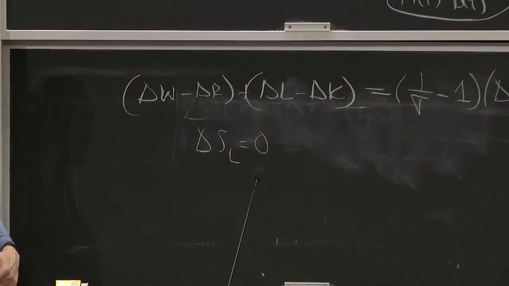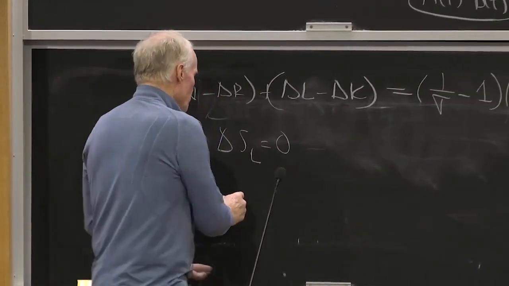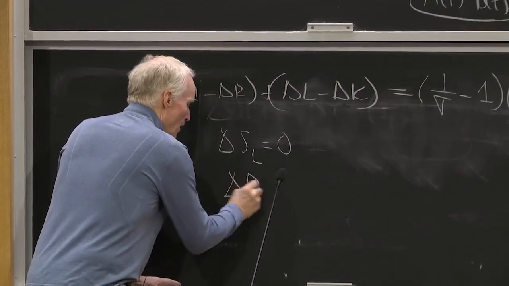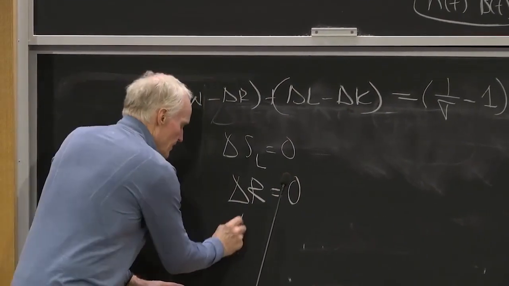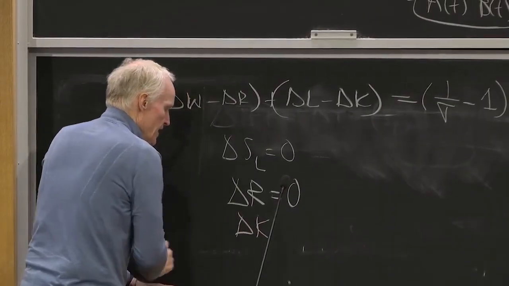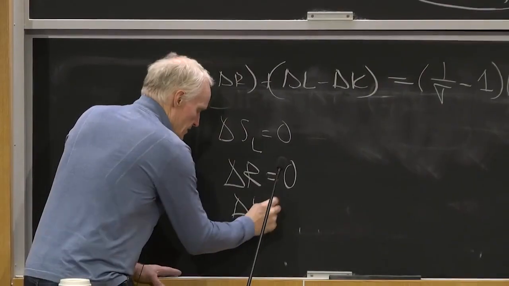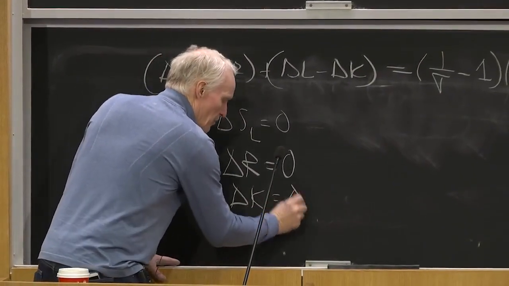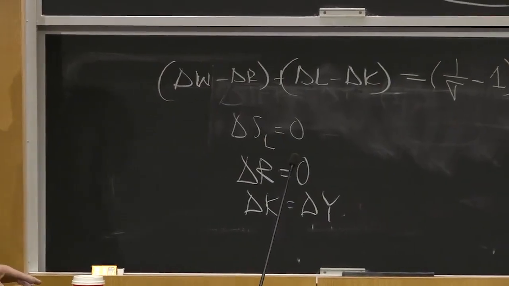Right? SL was constant. So what came out of the neoclassical growth model is delta R equals 0, right? Here, delta K equals delta Y. So what's the view of the world?